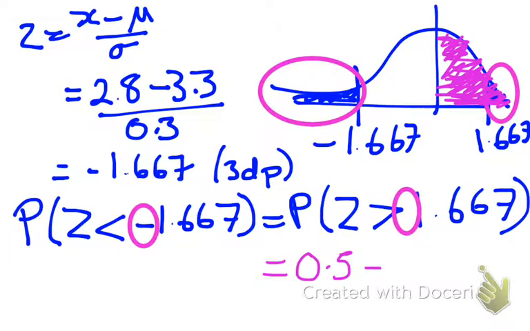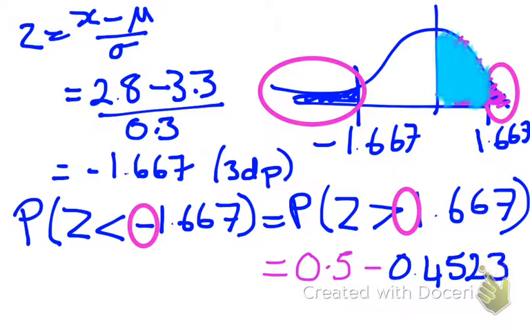So when we look up on our tables, we're going to find this area here that I'm shading in this light blue colour. The tables tell us that that area is 0.4523. Now if I subtract that from 0.5, I'm going to get a probability of 0.0477. And now that is the probability that I want to find.